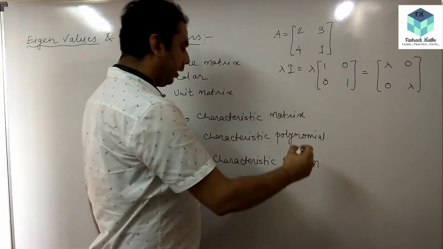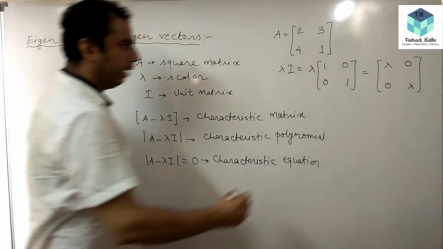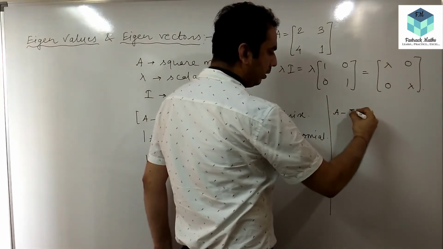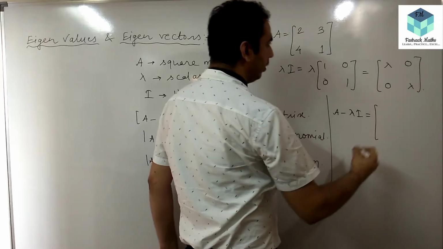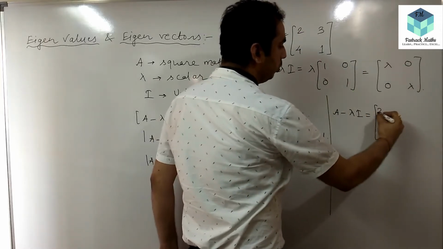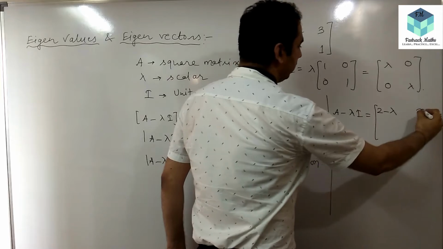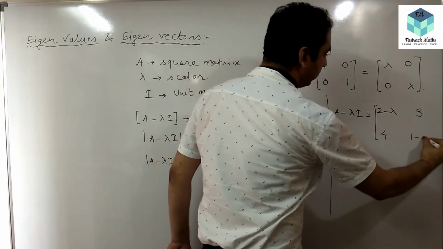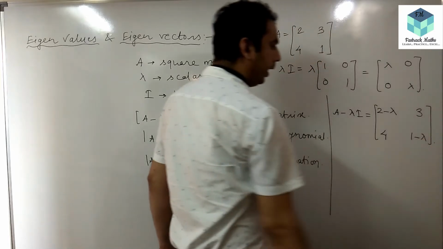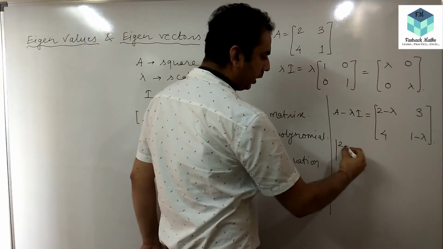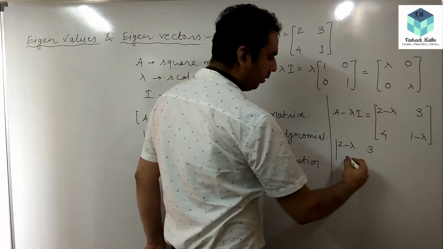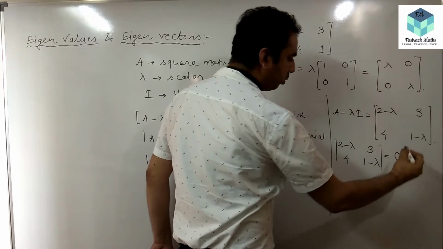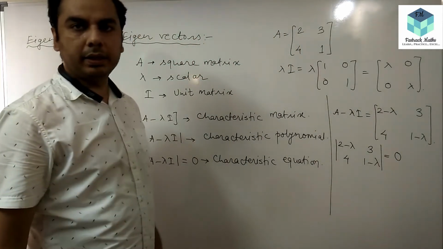Then the matrix A minus lambda I will be 2 minus lambda, 3, 4, and 1 minus lambda. If we take the determinant of this, it is 2 minus lambda, 3, 4, 1 minus lambda, and this determinant when equated to 0 gives us the characteristic equation.